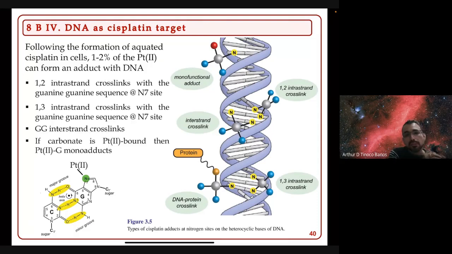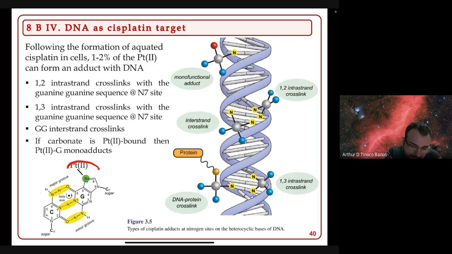One of the major targets, and probably a bit misleading in terms of being the sole target of cisplatin, is DNA. So here we're focusing on where within the DNA molecule platinum can actually have an effect. Here I'm highlighting the guanine nucleic acid that is believed to interact with the platinum.